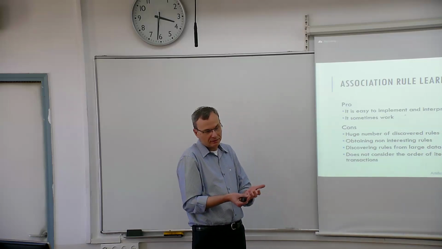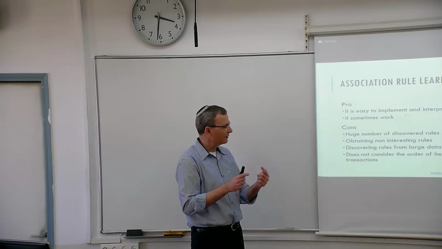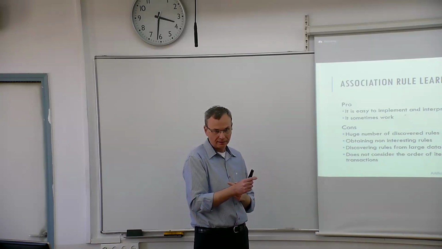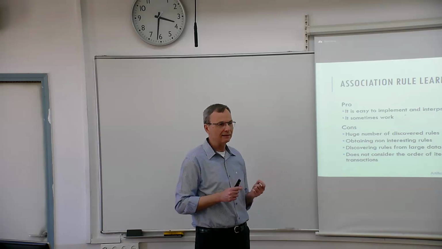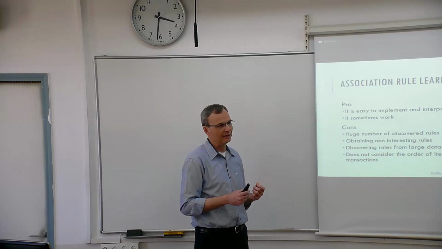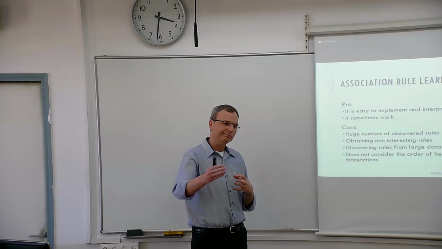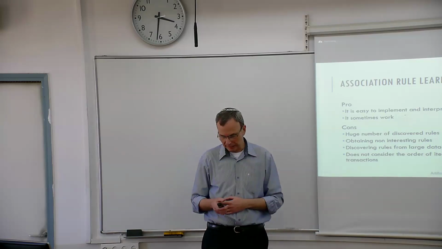But basically, this is not necessarily the case. I can just look at it in a different way. And this method says nothing about which item actually brings the second one.